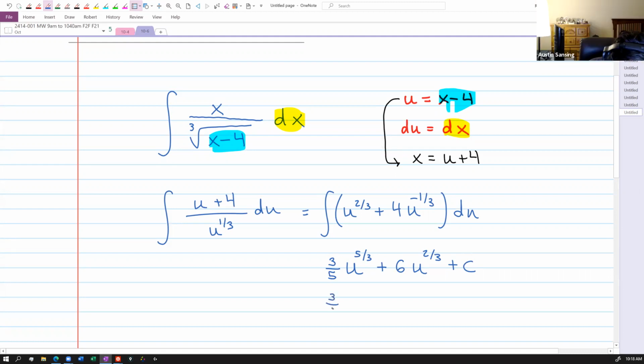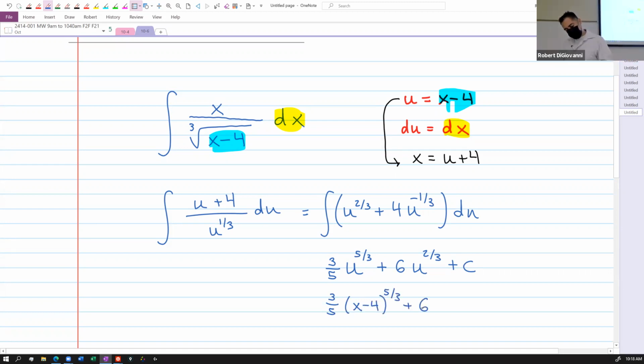Yeah, x minus 4. So we have 3/5 times x minus 4 to the 5/3 plus 6 times x minus 4 to the 2/3 plus C. All right, that's my antiderivative, right?